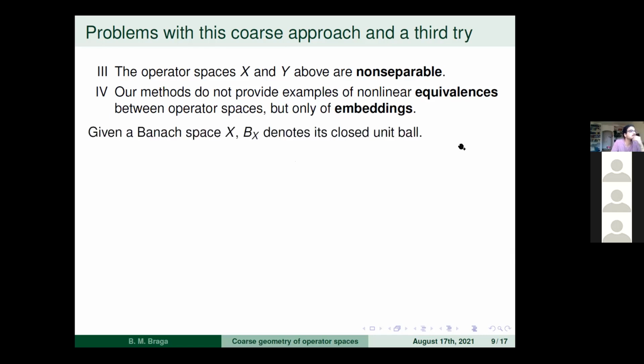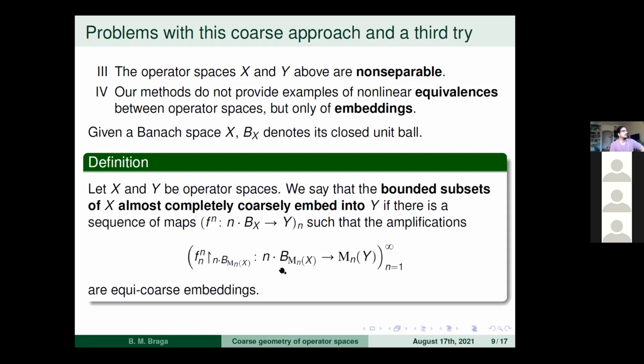And this is the third notion I mentioned that I want to introduce here, operator space coarse embeddability. This notion is pretty similar to the one I had before, but now I have my maps defined only on balls, and that's why I'm adding this word to the definition.